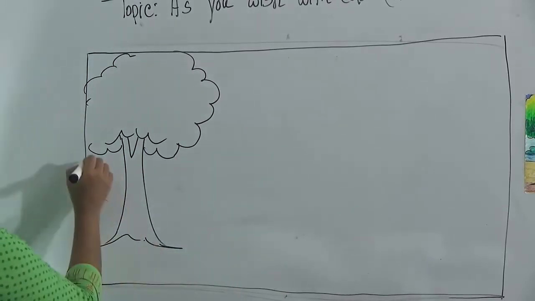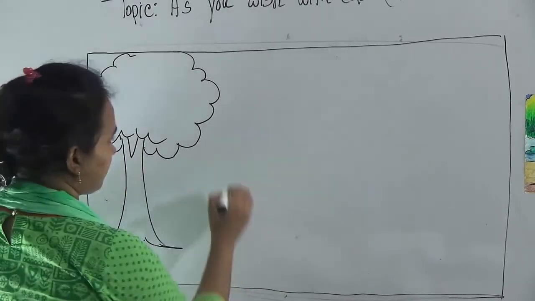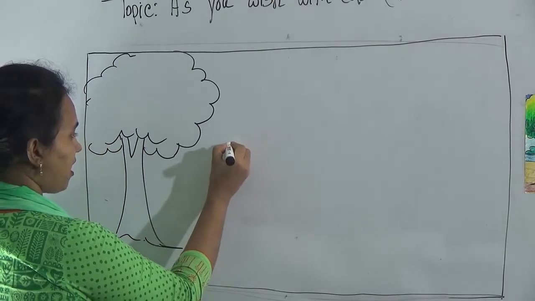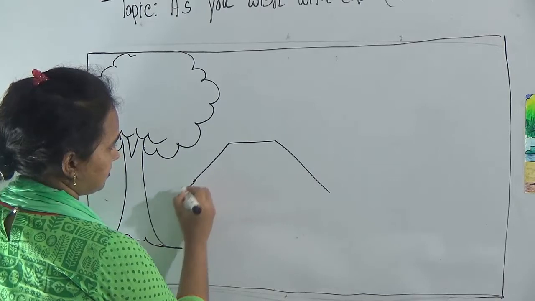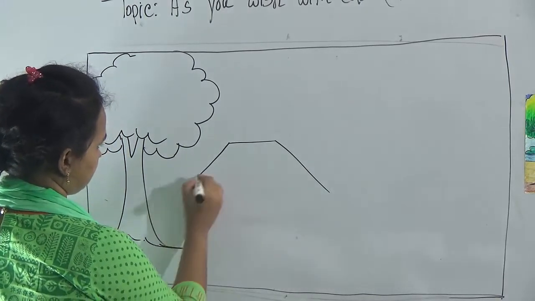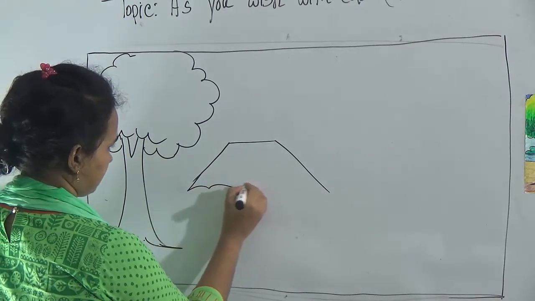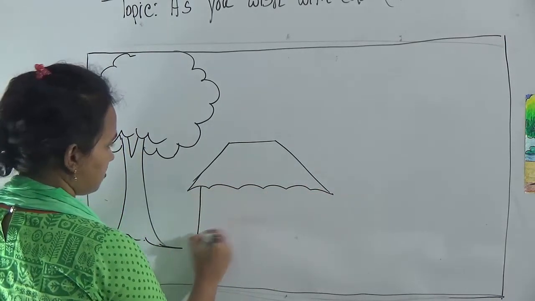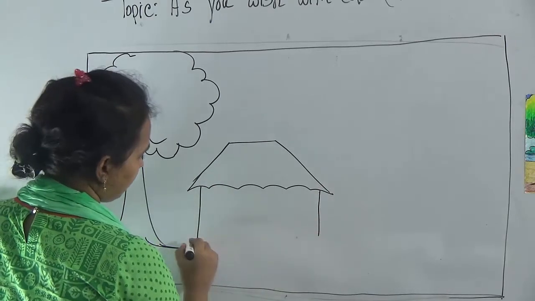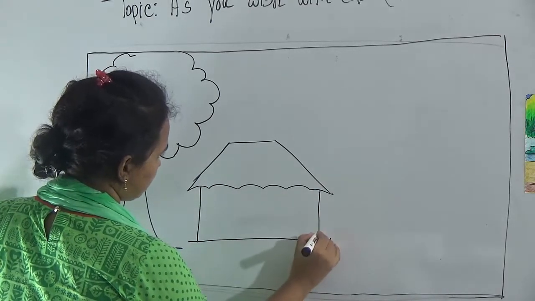So I have finished the tree. Then you will draw a house like this. Okay. Then draw this line and join this line like this.